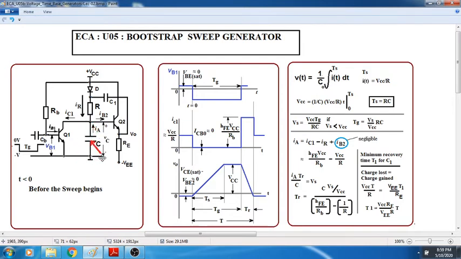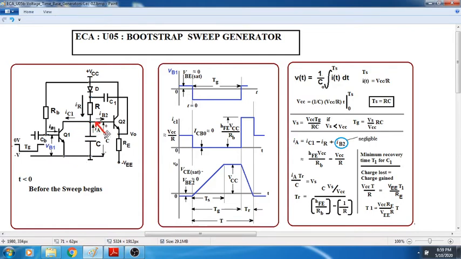The capacitor is not yet charging towards VCC because the sweep has not started, so there is no current flowing through the capacitor. The current flowing through the capacitor is assumed to be 0. So this VCE sat will be there across the capacitor.